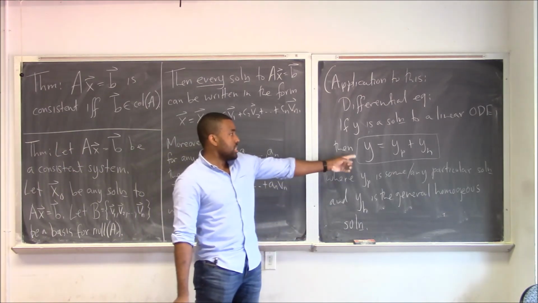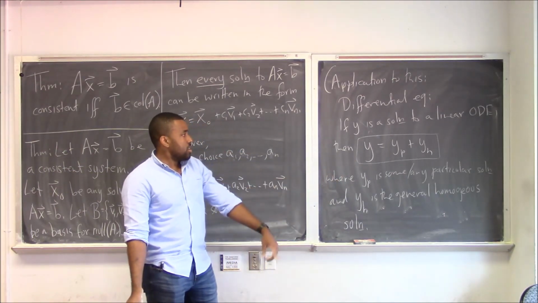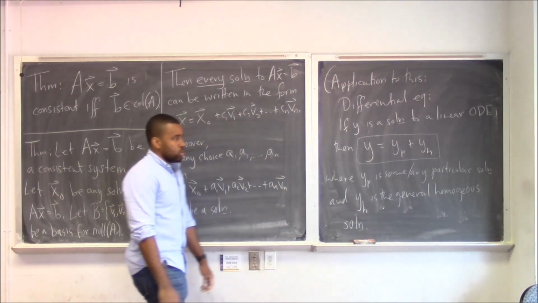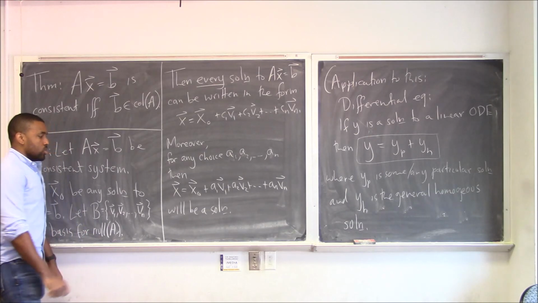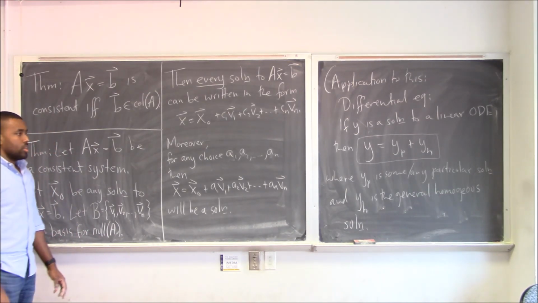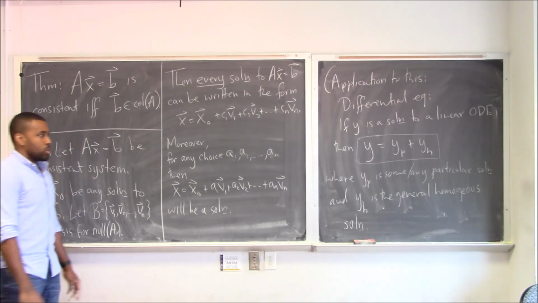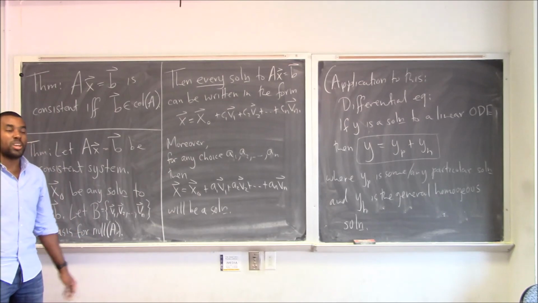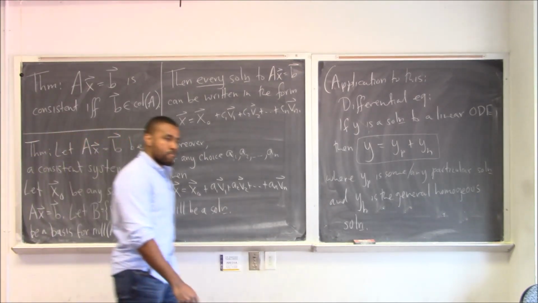So every solution is expressible in that form, and for any constants C1 through Cn, that will form a solution, and that gives you things like the existence and uniqueness of solutions to a differential equation, where you can know if you find a solution that looks like that, you can stop looking, because every solution has to look like that.